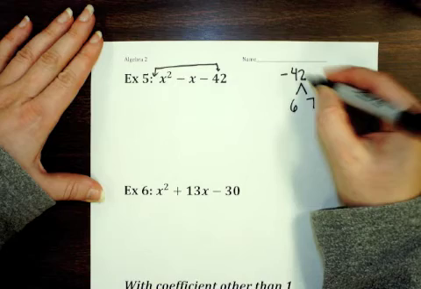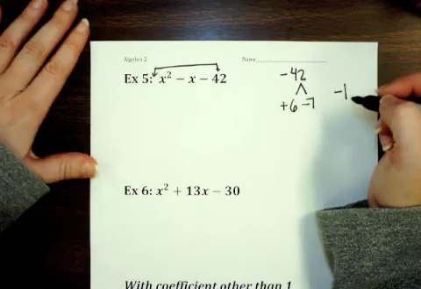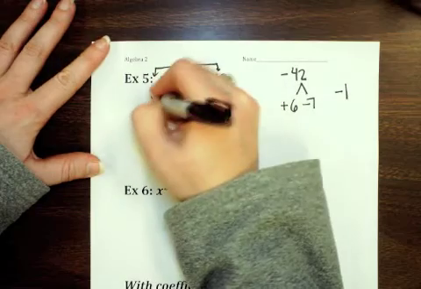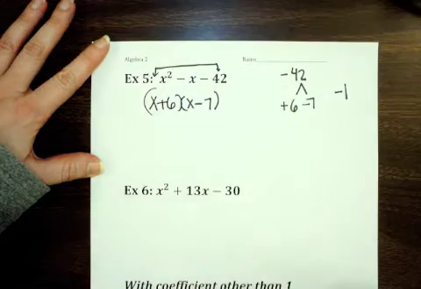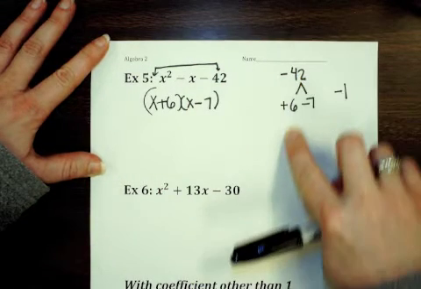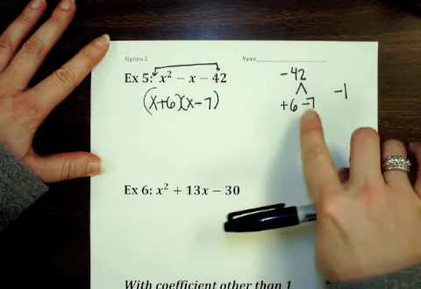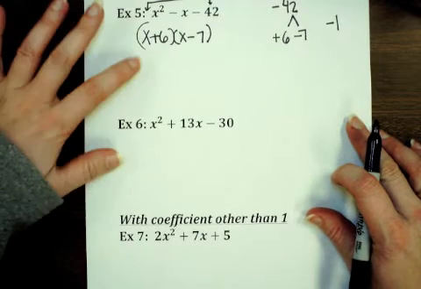And the sign of the larger one is negative, and that one is positive. So I get x plus 6, x minus 7. And if you didn't know that, just write down all the factors, give the negative to the larger side, and you would come up with those two.